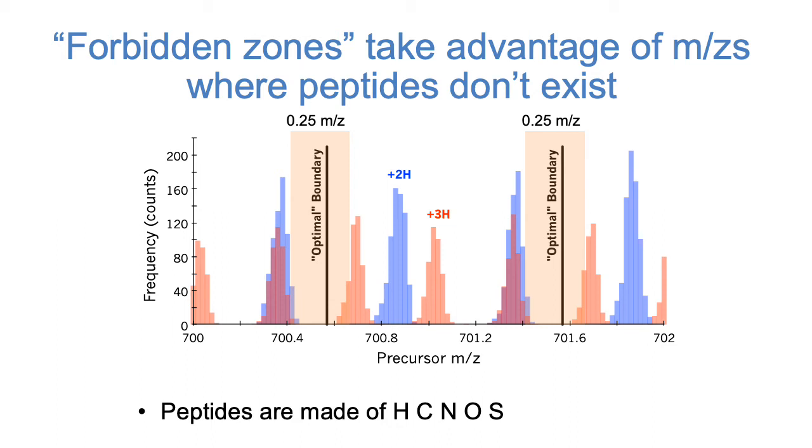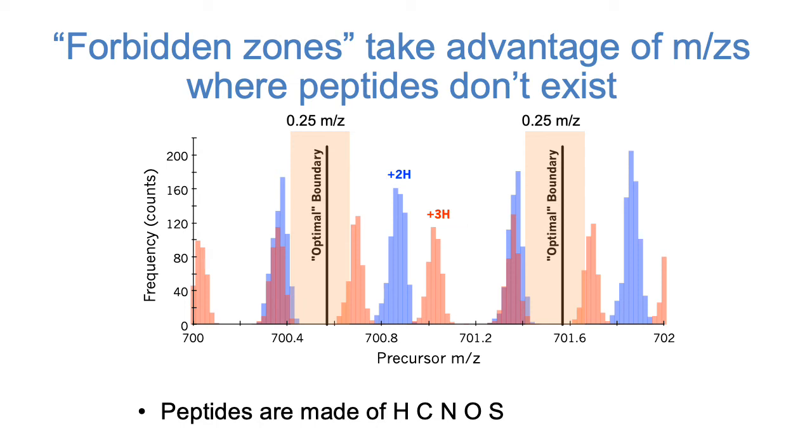Peptides are all made of the same stuff: carbon, hydrogen, nitrogen, oxygen, sulfur. There are only so many ways to configure amino acids, and as a result there are sub-MZ regions of the precursor space where you simply cannot have a peptide with that MZ.